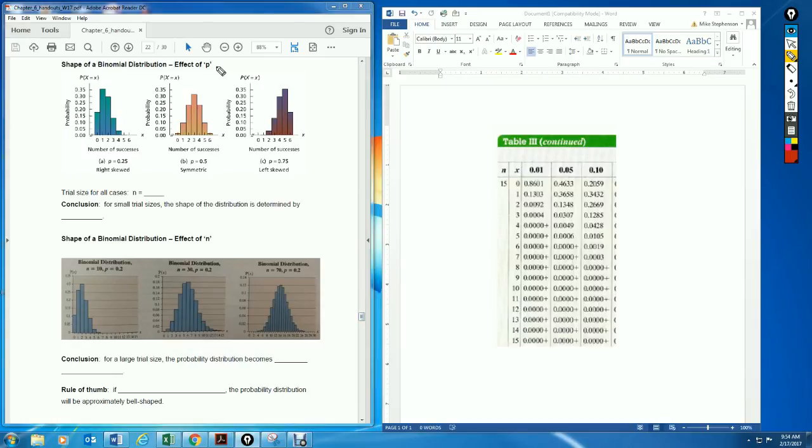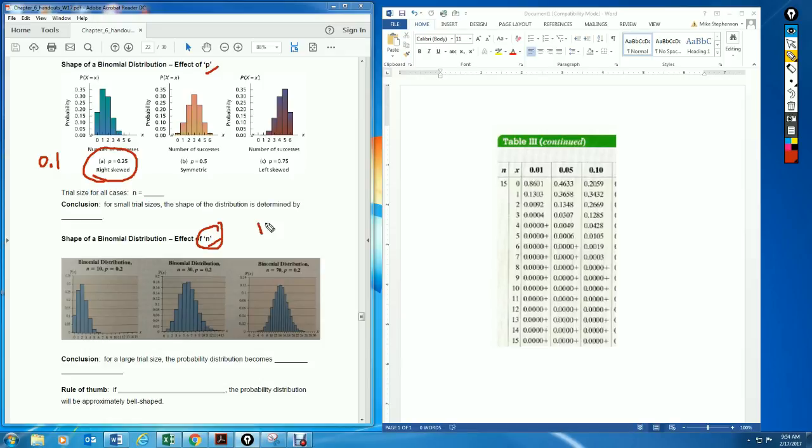There are two different things that can affect the shape: the probability of success and the sample size. In this case, our probability of success is 0.1. It's much less than 0.5. So it's more like this, because our P is 0.1. That will tend to make the distribution lean to the left and be right skewed, but it also depends on the sample size.